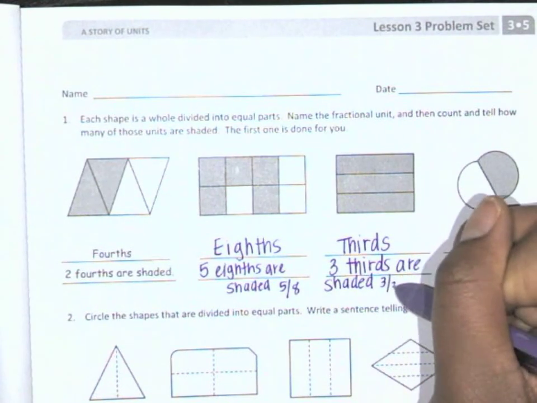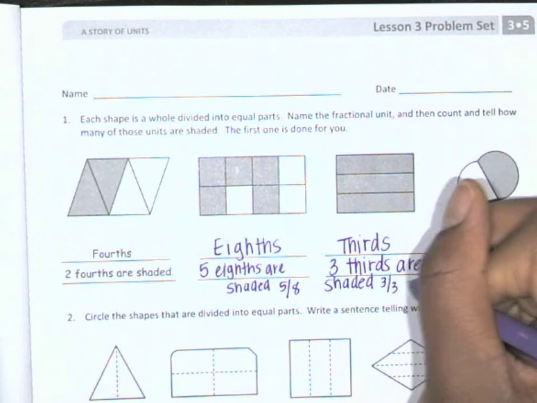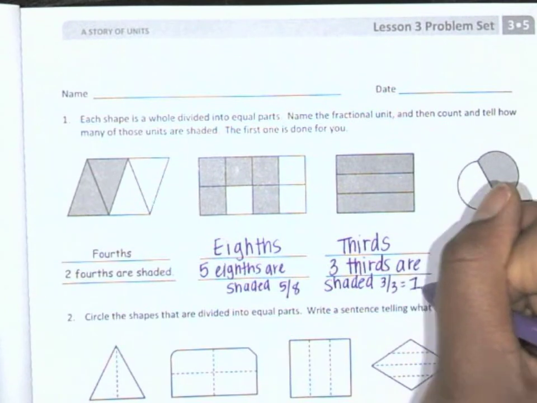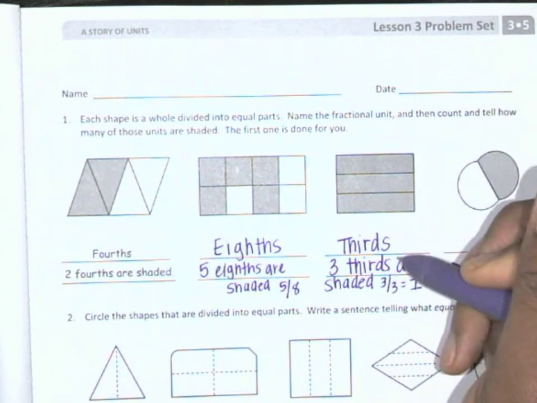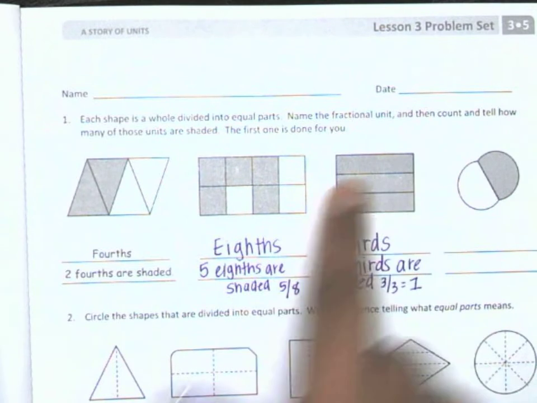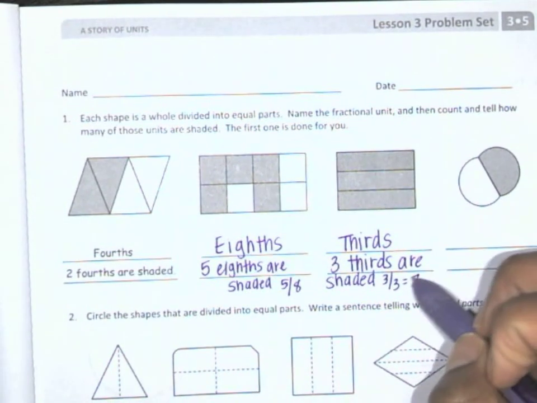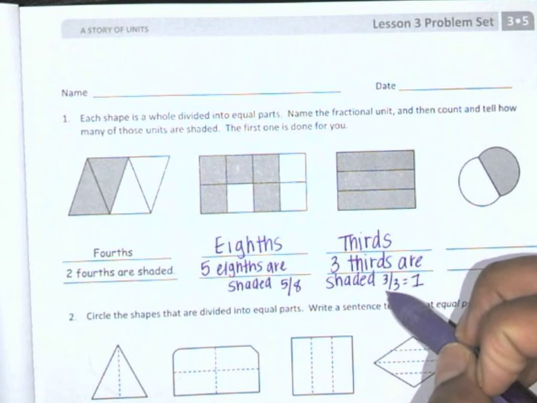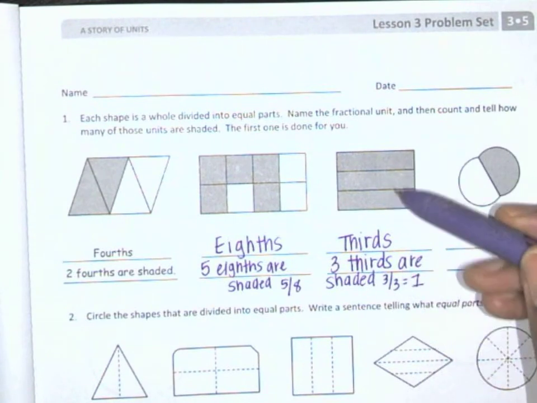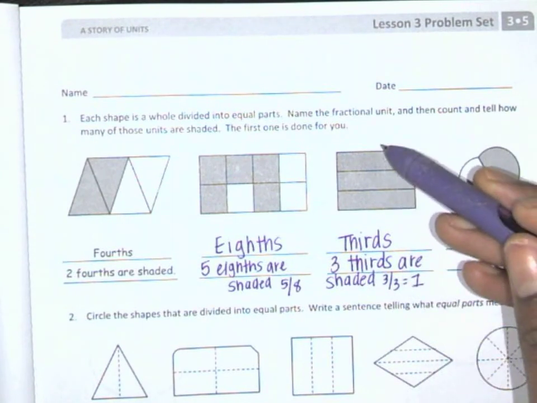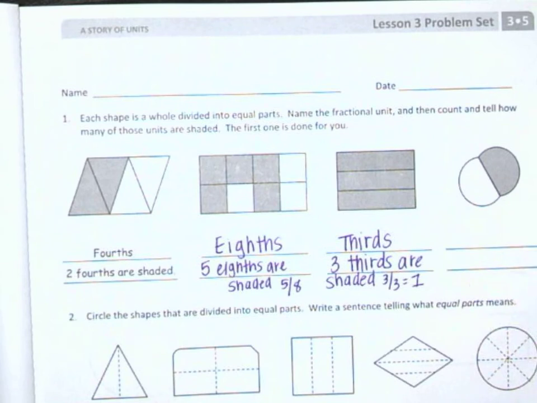You can do 3/3 or 1 whole because all of them are shaded. So this whole unit is shaded. So that's 1. Okay. Don't worry about that if you don't understand it yet. We'll just stick to 3/3 because 3 of these units are shaded and there are only 3 of them.